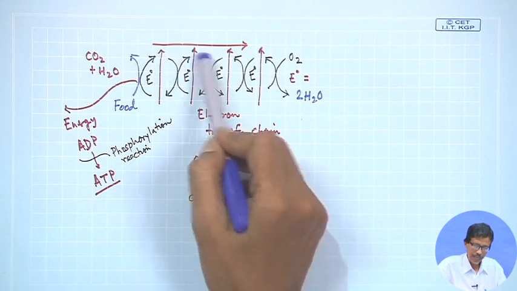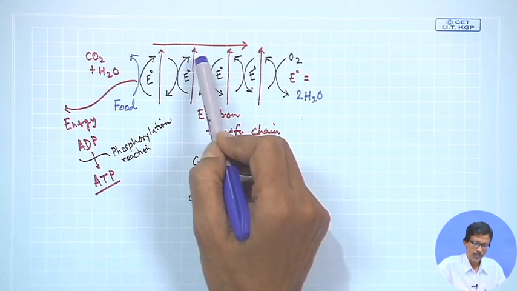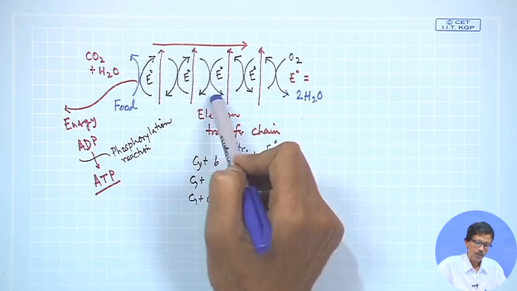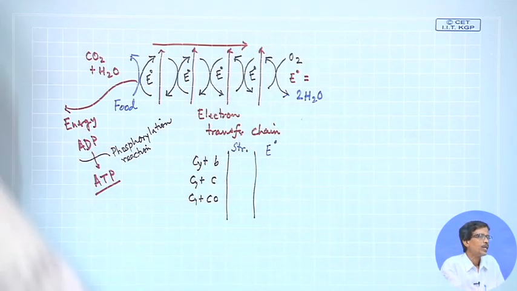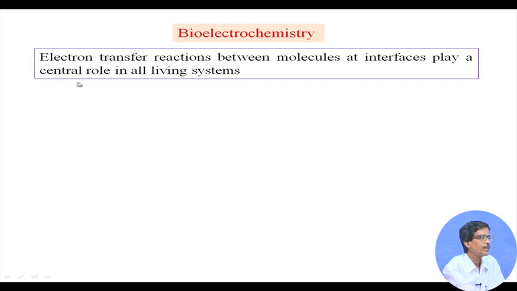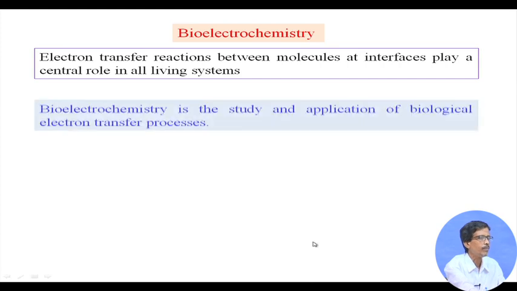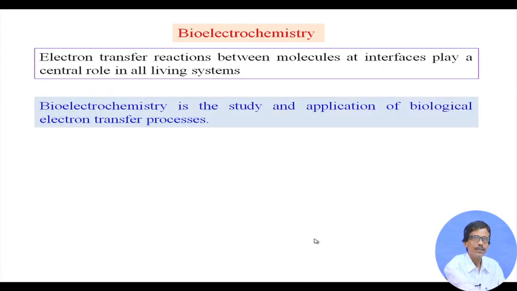The reduced form is again attached to the species that is getting oxidized. So, oxidation and reduction keep on going from left to right. This interface plays a central role for all living systems, because you require electron transfer and energy development, the energy currency, by burning the food material such that we can have the required number of ATP molecules for that process.